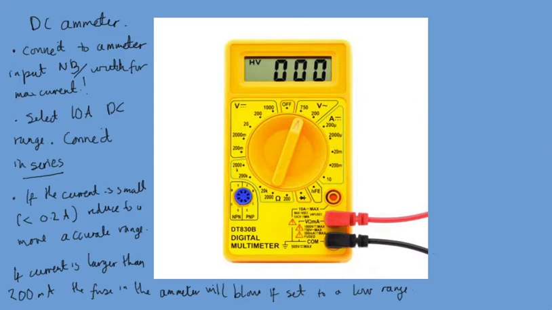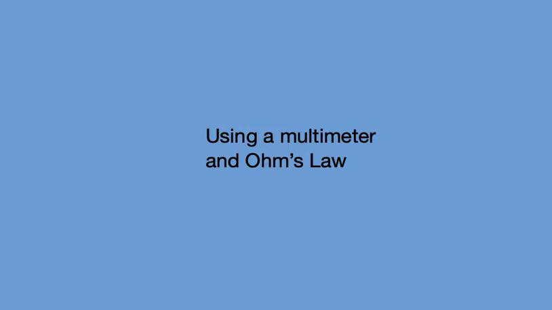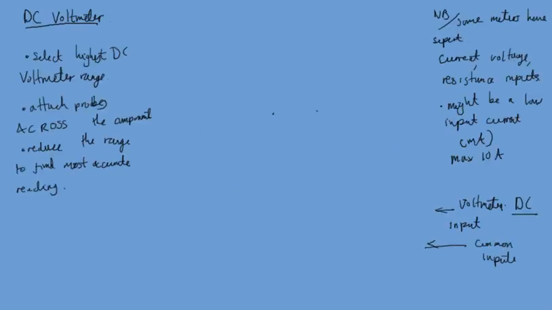different components work. So let's look at this in a bit more detail. So we're going to look at Ohm's law. Georg Ohm was a German mathematician, and he did some investigations into potential difference, current, and resistance.